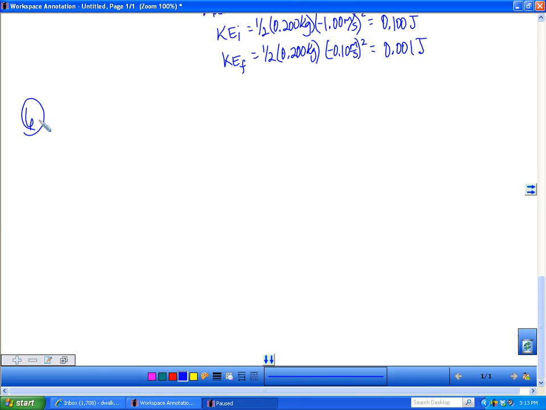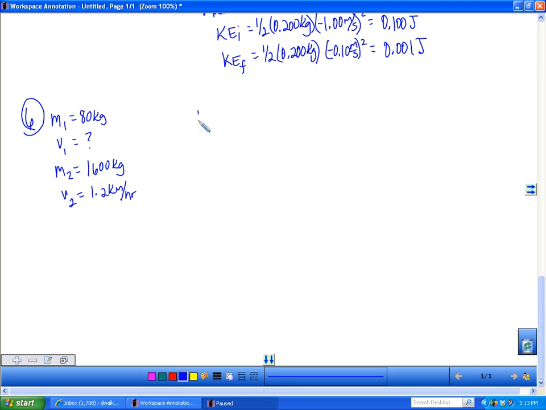Okay, number 6. Number 6 is your mass is 80 kilograms. And they want to know what would your speed need to be so that you would have the same momentum as a 1,600 kilogram car moving at 1.2 kilometers per hour.